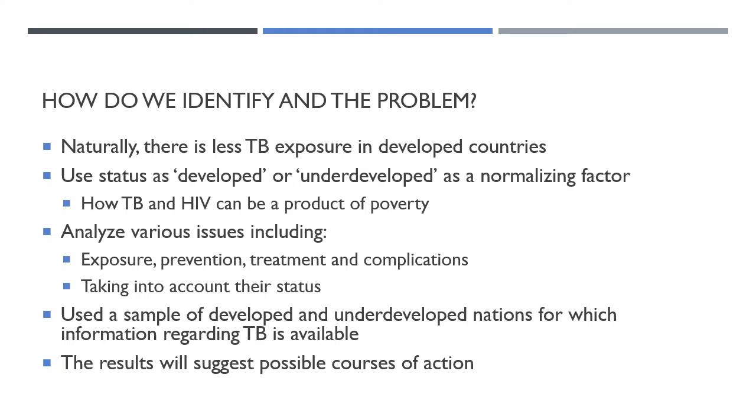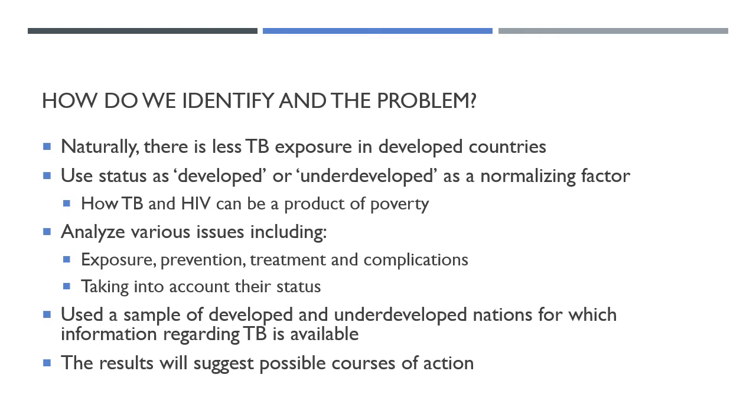So I am going to analyze various issues regarding TB and HIV in developed and underdeveloped countries, including exposure prevention, treatment, and complications from the TB bacteria. I'm also going to take into account the status of every country and then do this analysis.